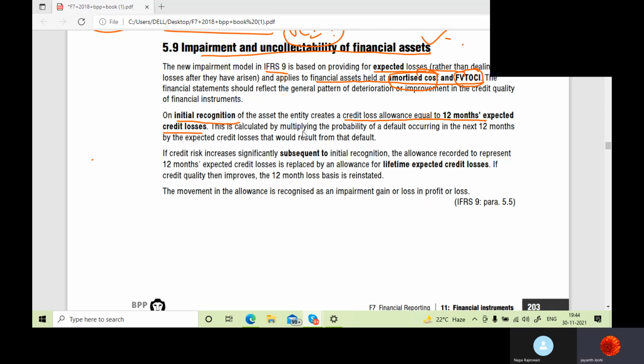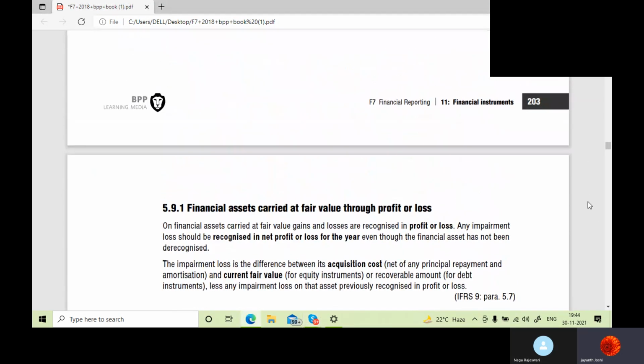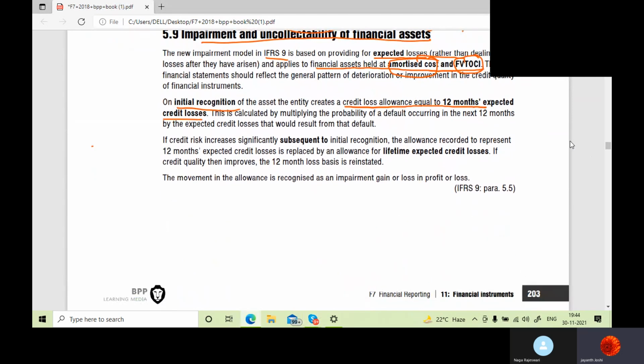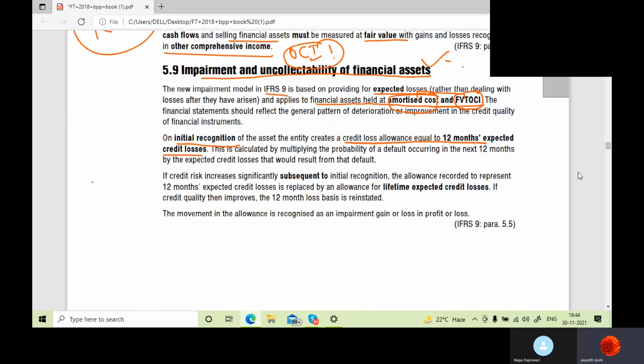This is calculated by multiplying, so this is a different kind of concept and they don't have this in detail for you. So how will you understand the deterioration of credit quality of a security? You need to take that security value. This is calculated by multiplying the probability of default occurring in 12 months by the expected credit losses that would result from that default.